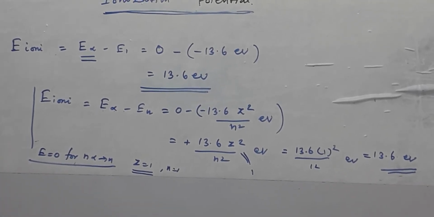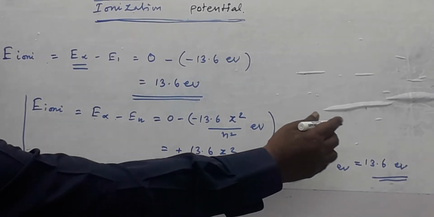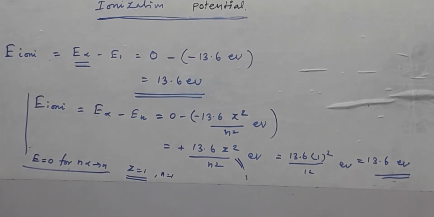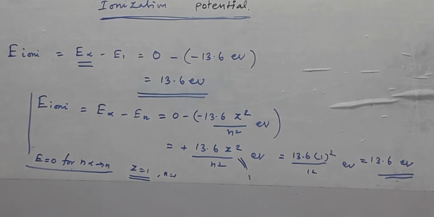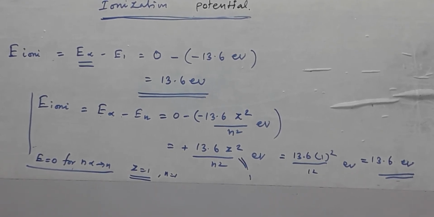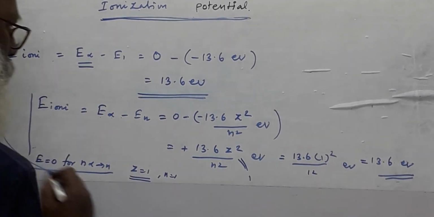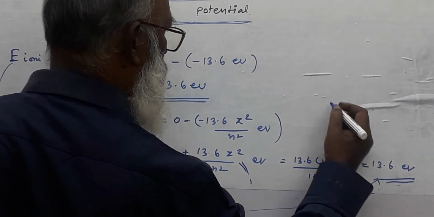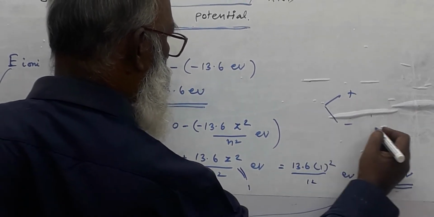Now, this is known as the ionization energy. So 13.6 electron volt is called ionization energy. Now, I have to define ionization potential. When the ionization energy equivalent to 13.6 electron volt is supplied, the atom will be split into positive and negative parts.